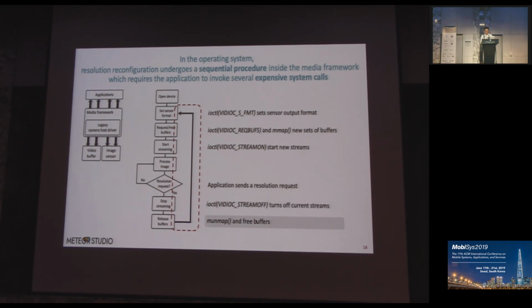Then it calls another system call to free buffers. After that, it calls another system call to set the sensor output format. After that, it calls two more system calls to allocate new sets of buffers. And finally, it calls the last system call to start the new streams again. If the application requests another resolution, the whole procedure with all those expensive system calls has to be repeated.